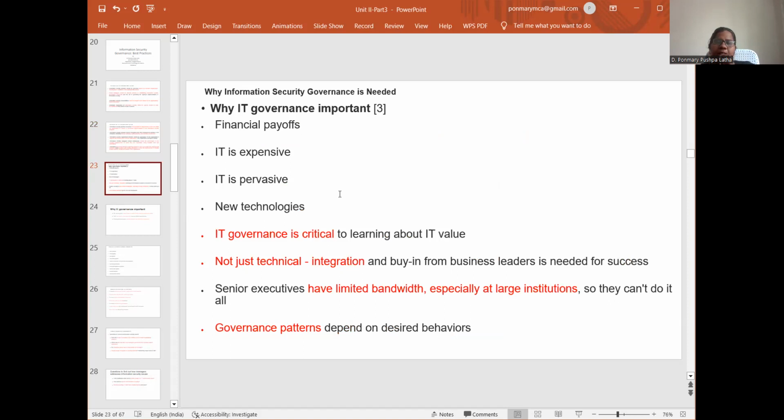So why is IT governance important? It contains many new technologies, and it is critical. IT is expensive and IT is pervasive.